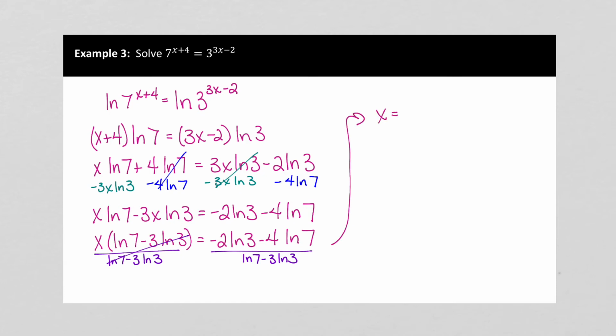So x will be negative 2 natural log of 3 minus 4 natural log of 7 over natural log of 7 minus 3 natural log of 3. Just put that in your calculator. Make sure you put the top in parentheses and the bottom in parentheses when you put it in your calculator or Desmos, and you should get 7.394.